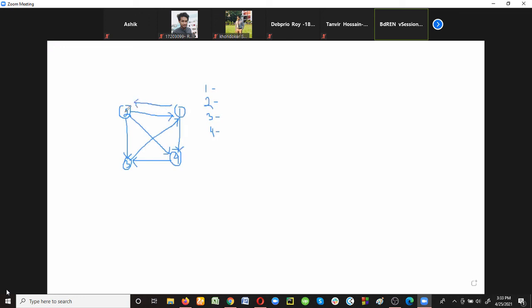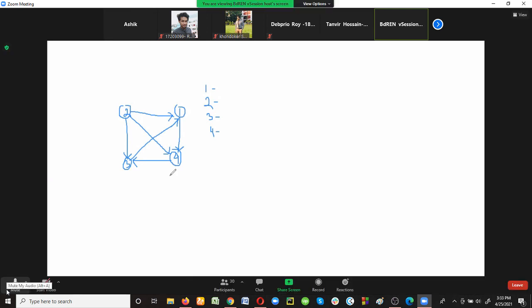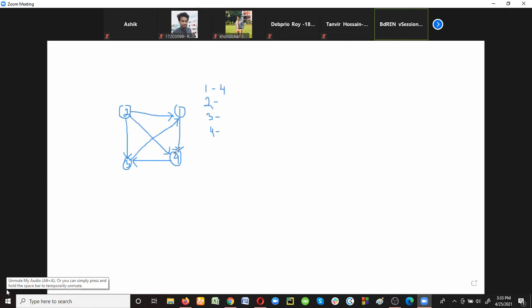At that time, we can say that this 2 is the adjacent node of 1, because an edge has started from 1 and reaches node 2. So 2 is the neighboring node of 1. But here the direction is from 2 to 1. That means 2 is not the adjacent node of 1. So which node is the adjacent node of 1? 4. Only 4. There is only one edge started from 1. So 4 is the adjacent node of 1.